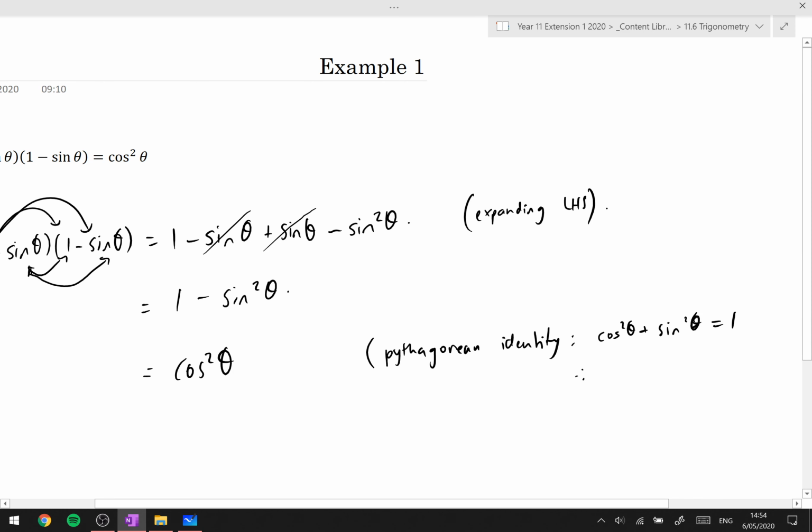Or in other words, that cos squared theta is equal to 1 minus sine squared theta.